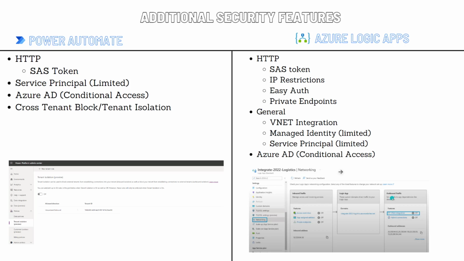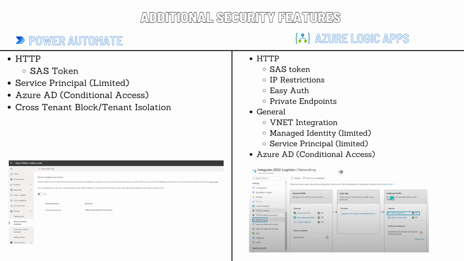This is actually a pretty cool feature. Generally, you may not want to enable this, but you can turn that off. And that's the screen I've got below here. This is the tenant isolation preview feature found in the Power Platform admin console, but it's a pretty cool feature and pretty powerful.